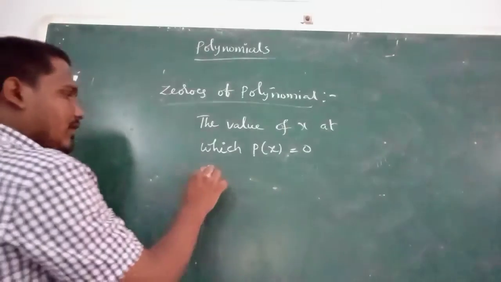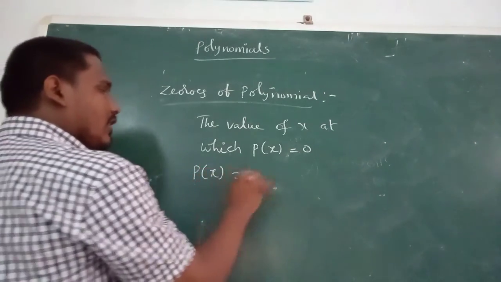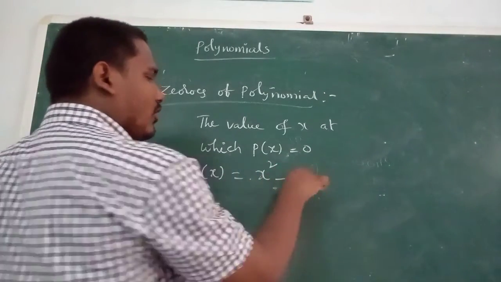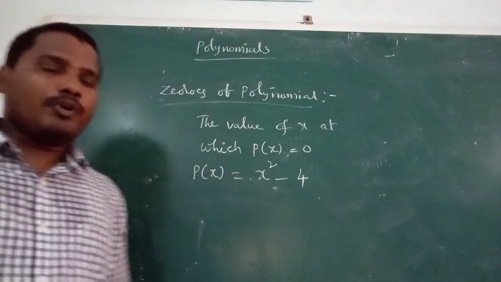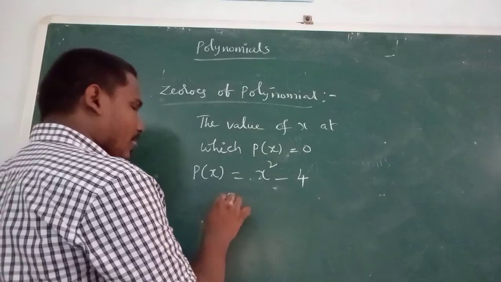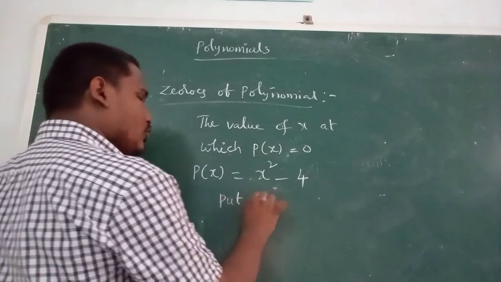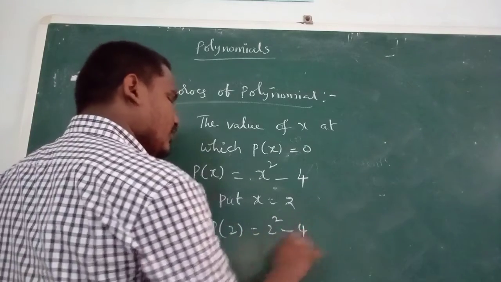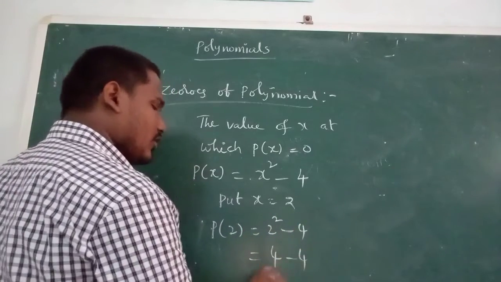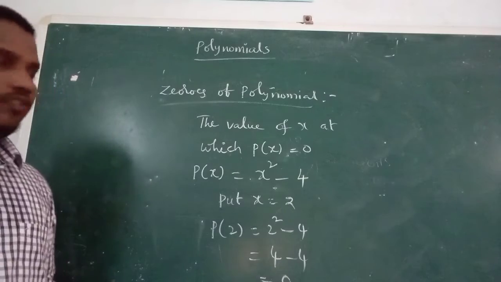Suppose you take p of x is equal to x square minus 4. This is one polynomial. If you put x is equal to 2, then p of 2 is equal to 2 square minus 4, that is equal to 4 minus 4, which is 0.